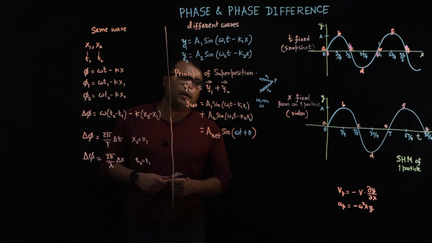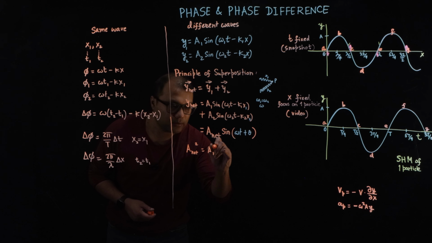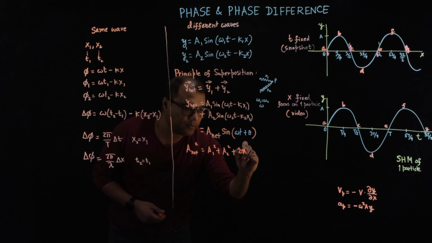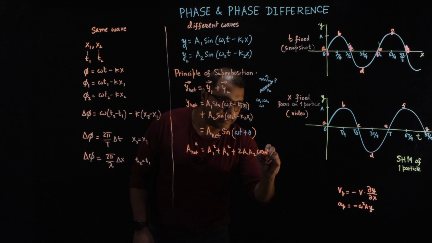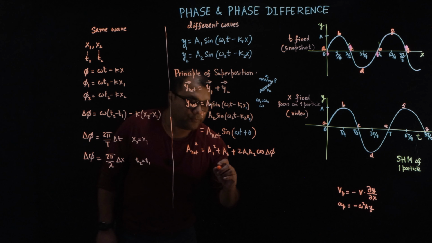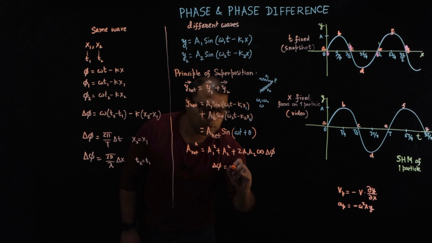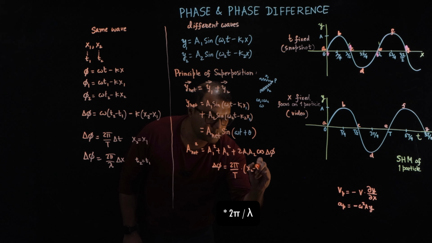And A net can be found as the square root of A1 square plus A2 square plus 2 A1 A2 cos delta phi, where delta phi is 2 pi by T, which is omega, times x2 minus x1.